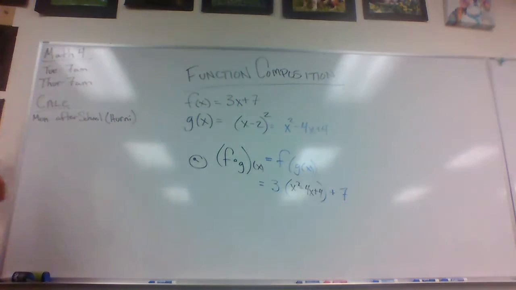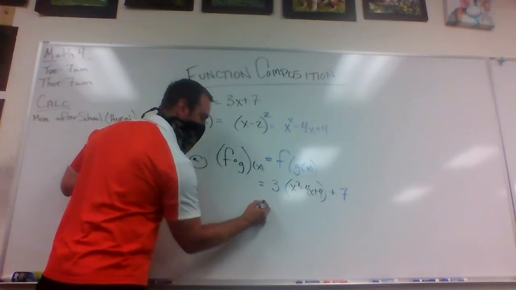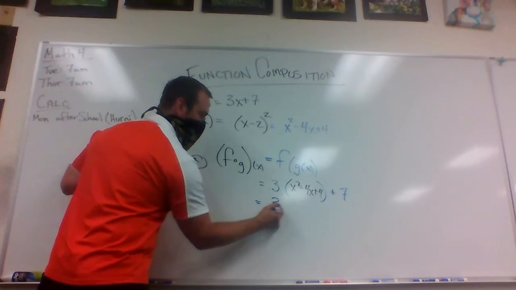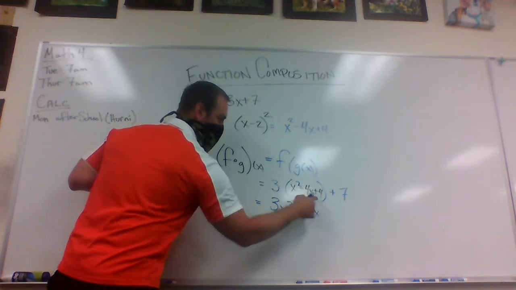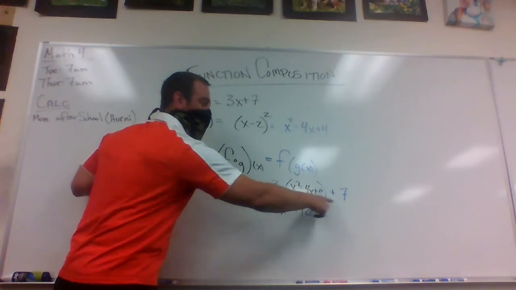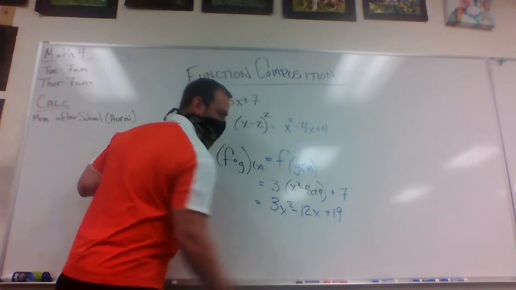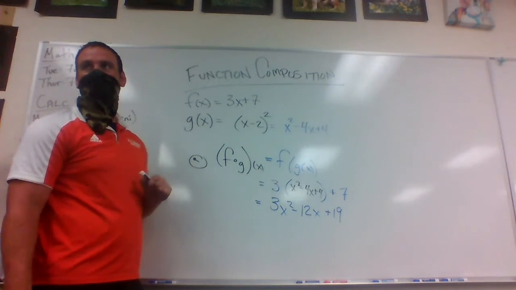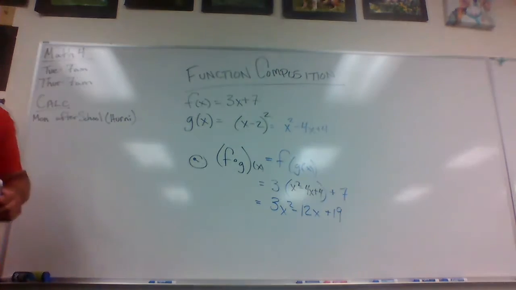So I just want to distribute my 3 and combine like terms, and then we are done. So 3x squared minus 12x plus 12 plus 7, which would be 19. You guys alright with that? You ready for part B then?